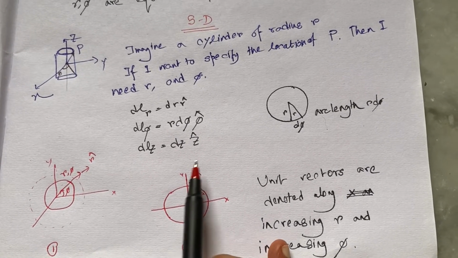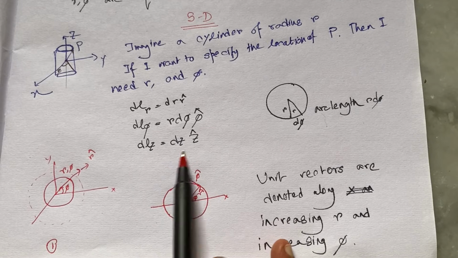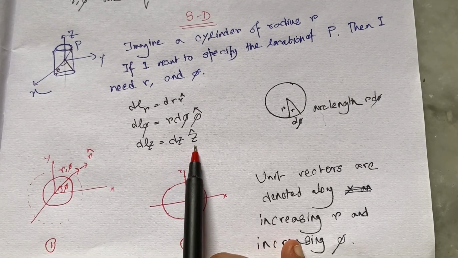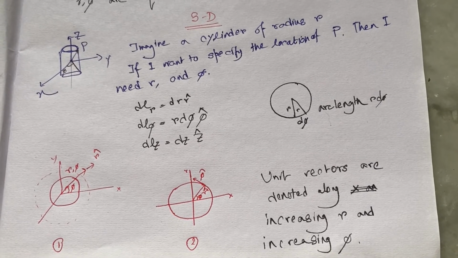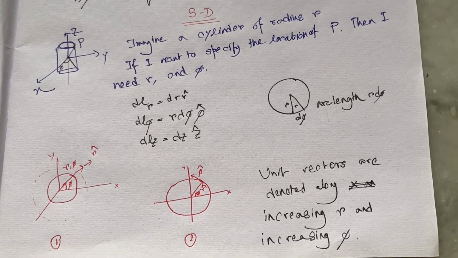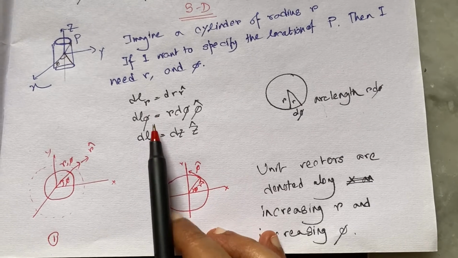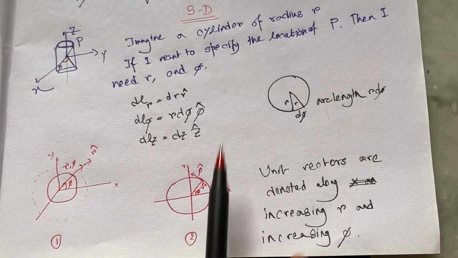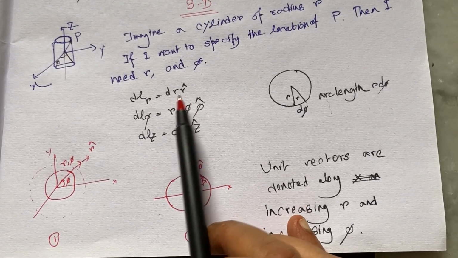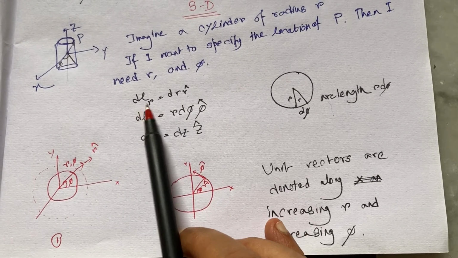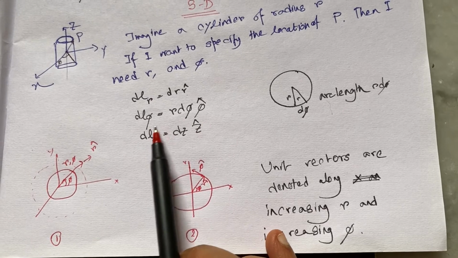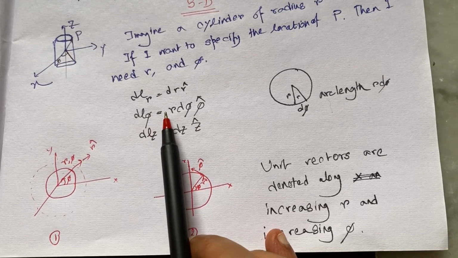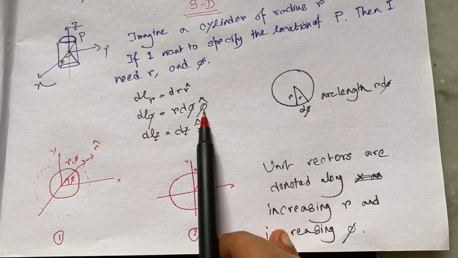In 3D we also need the z direction, but any element along the z direction is exactly the same as we have done in the Cartesian coordinate system. But in the r direction and phi direction, the elements look like this. In the r direction, the element is dl_r equal to dr r-cap, and along the phi direction, the element is dl_phi equal to r d-phi phi-cap.